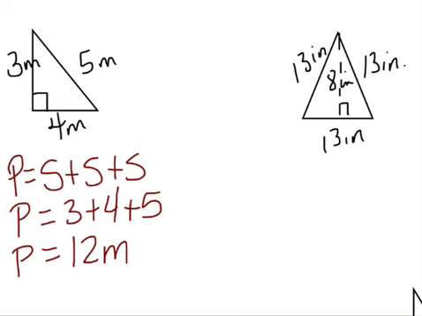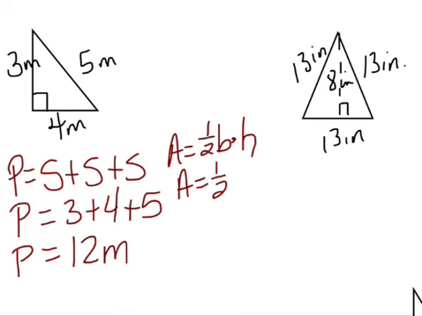Okay, the area of a triangle is 1/2 the base times the height. The area is 1/2. Remember, your base and your height, you're looking for the two that make that right angle with each other. So in this case it is 3 times 4.